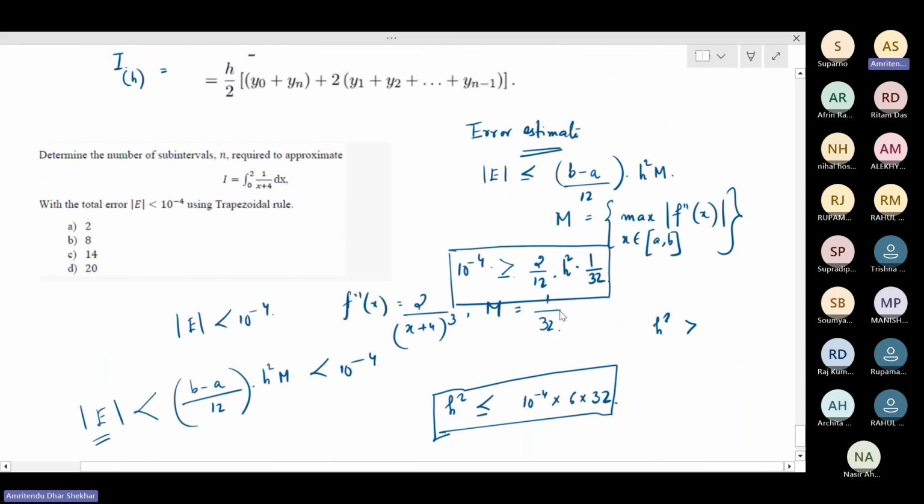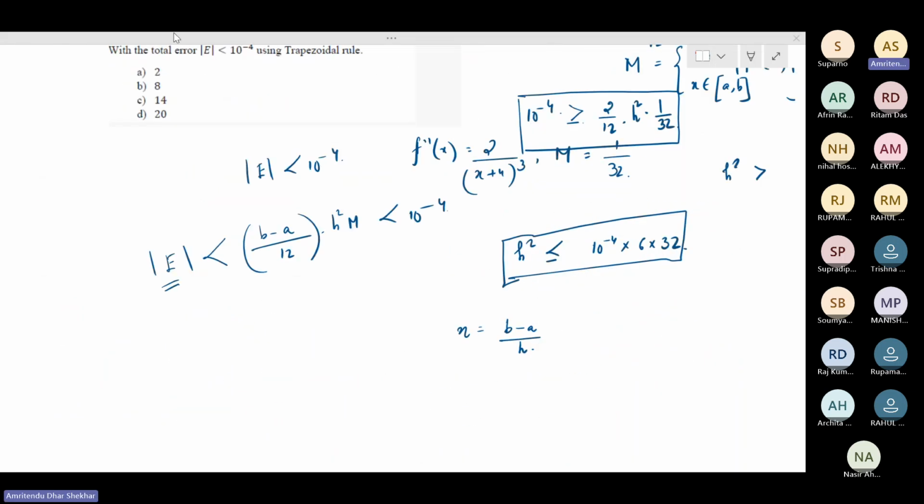And finally, there's one more scheme, which is called the Simpson's rule.